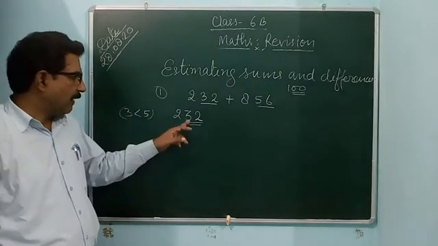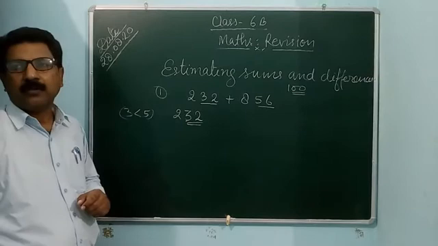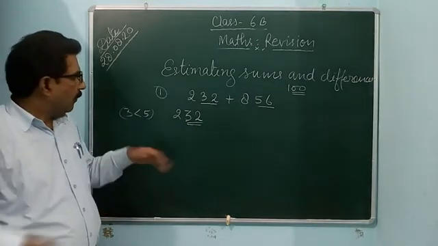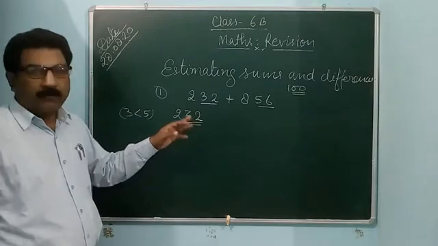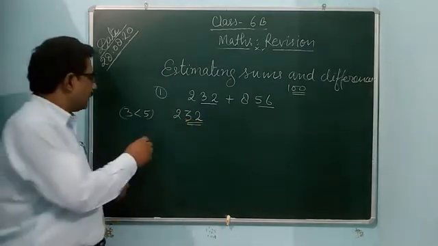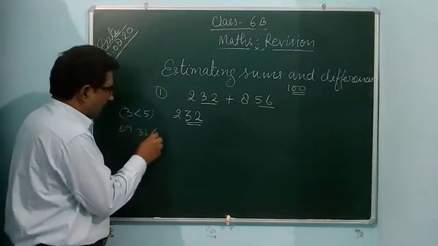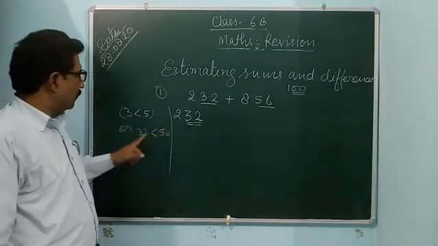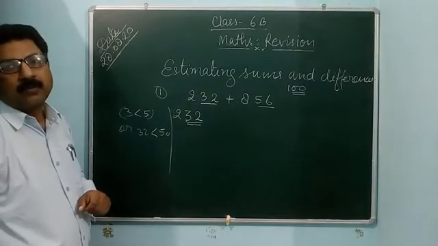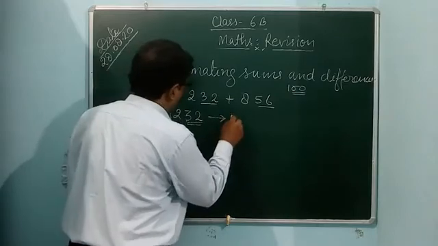If it is less than 5, the previous number is kept. So 32 is less than 50. So it is estimated as 200.